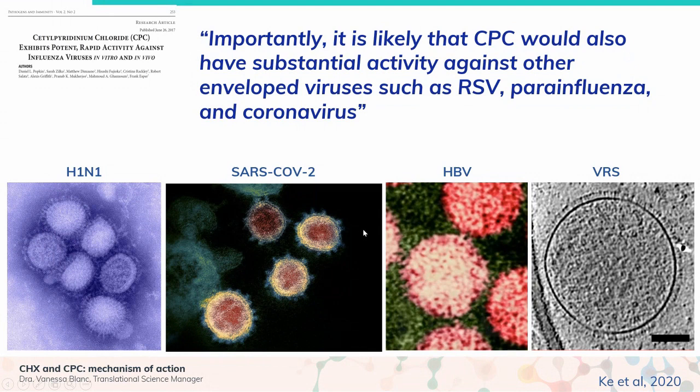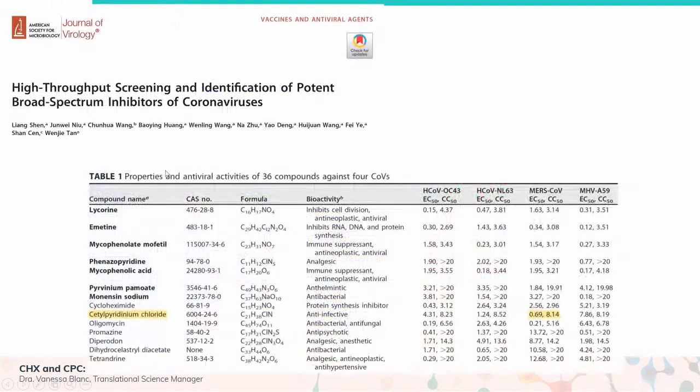The authors hypothesized that, and in fact, last year, these researchers evaluated the activity of at least 36 inhibitors of coronavirus, and they found that cetylpyridinium chloride could be a really good inhibitor of especially the MERS coronavirus.